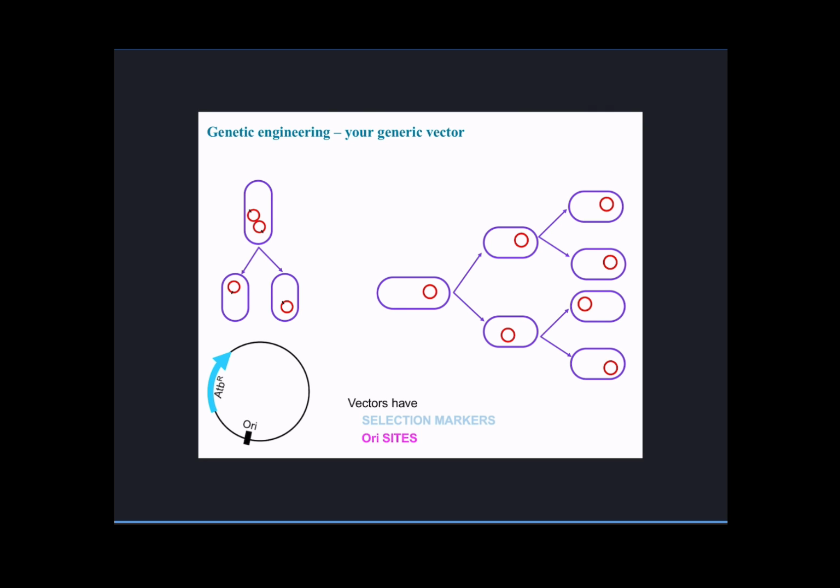That means that every time this bacterium is replicating its DNA to give its daughters its genetic information, it will also replicate the plasmid. So out of 1 plasmid come 2, shown here. So in this mother bacterium, there's going to be 2 plasmids, and each of the daughter cells will inherit one of them. So by introducing an ORI site into a vector, now we have vectors that can allow for selection and that will prevent plasmid dilution.